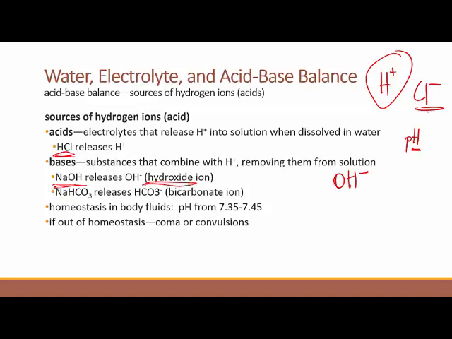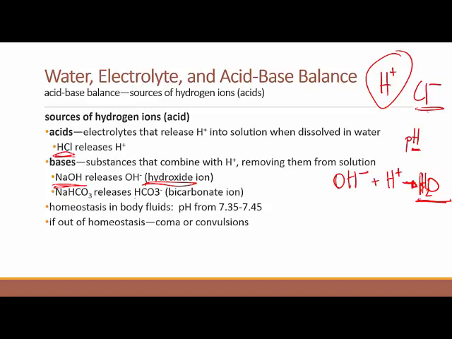When you react hydrogen ions with those hydroxide ions, you do a chemical reaction that produces, if you were to add them all together, two H's and an oxygen. So that's water. Because there are no free hydrogen ions here, since it's all joined together to make a water molecule, it's not going to affect pH at all.